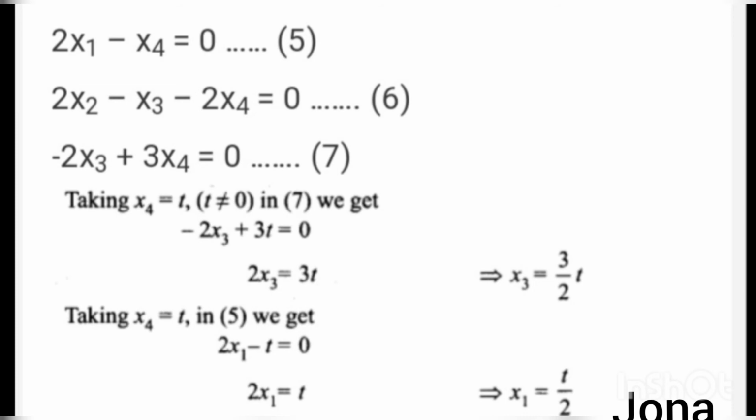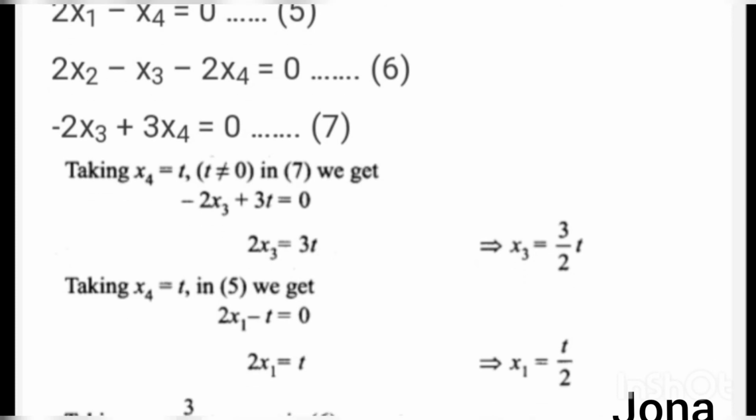Here we take the last variable x4 as t. Let x4 equal to t. Substitute in the last equation, so that we have minus 2x3 plus 3t equal to 0. That is nothing but 2x3 equal to 3t, and x3 equals 3 by 2 t.